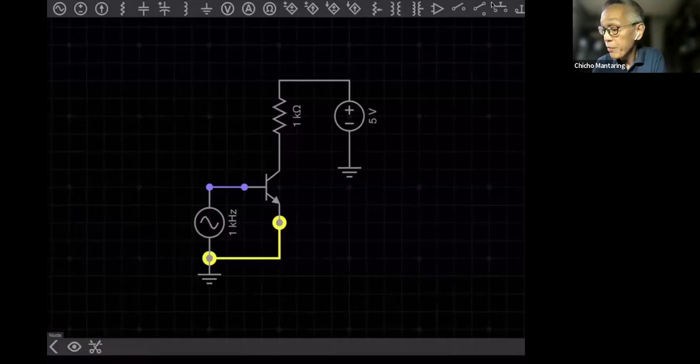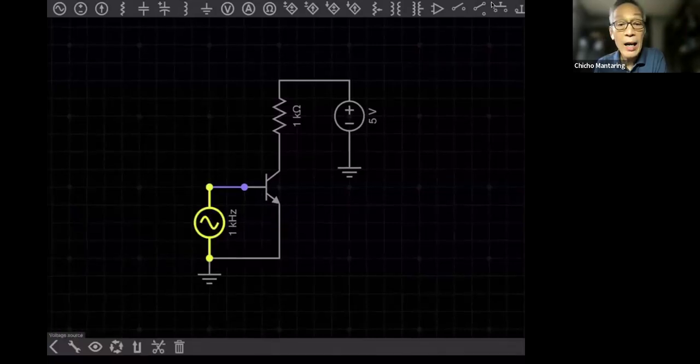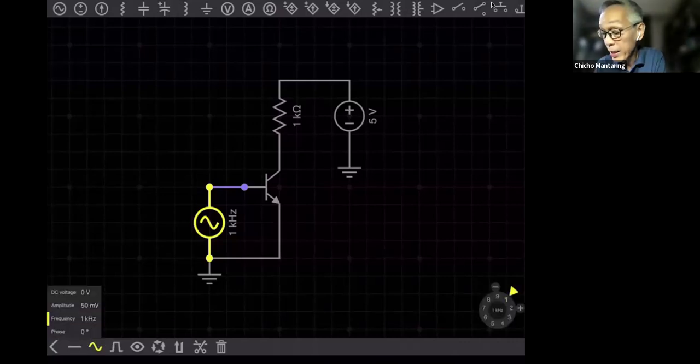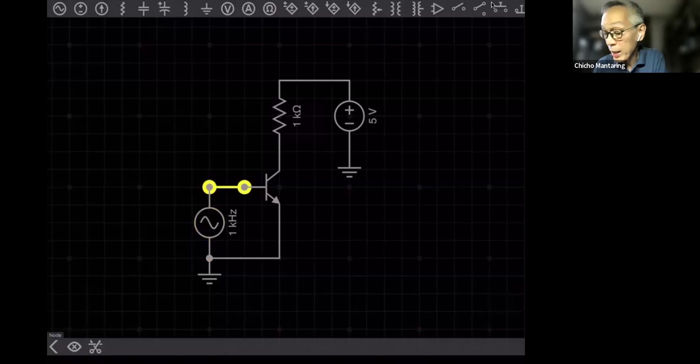Notice here, I did not put any DC component in my input. My input is just a 1 kilohertz signal. In this particular case, its amplitude is 50 millivolts, or 0.1 volts peak to peak.